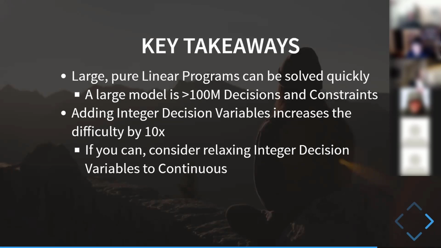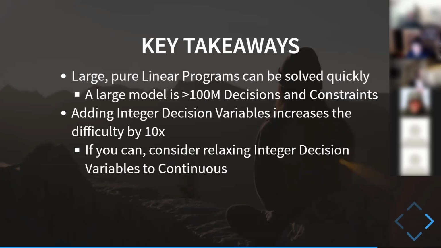And one of the things that I think about is if my decision is like in the order of tens of thousands, okay, is there a really big difference between 10,186.2 and 10,186? Not really. And so what's the impact of relaxing an integer decision to a continuous?